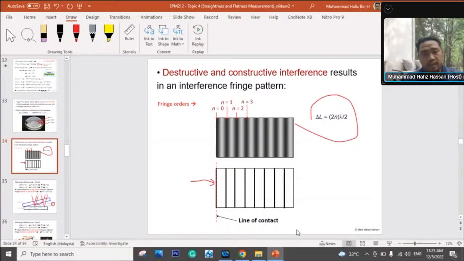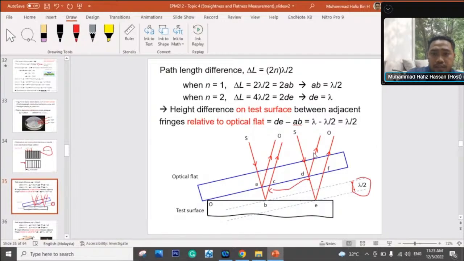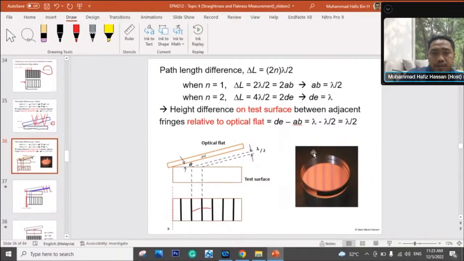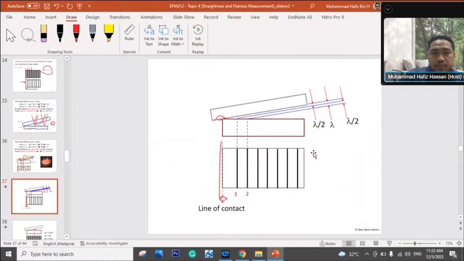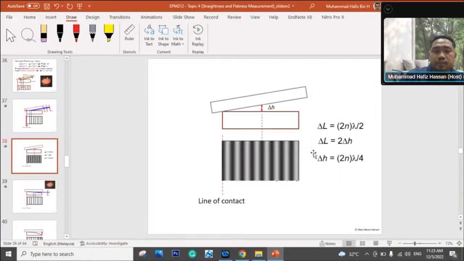That's why they are counted as a number of fringes. The closest gap means the surface roughness depends on what we see. We already discussed that.